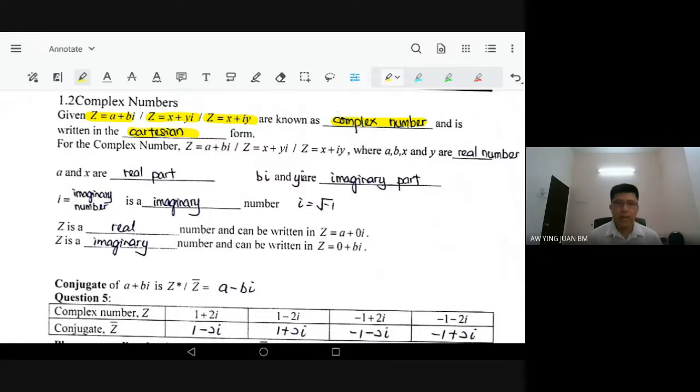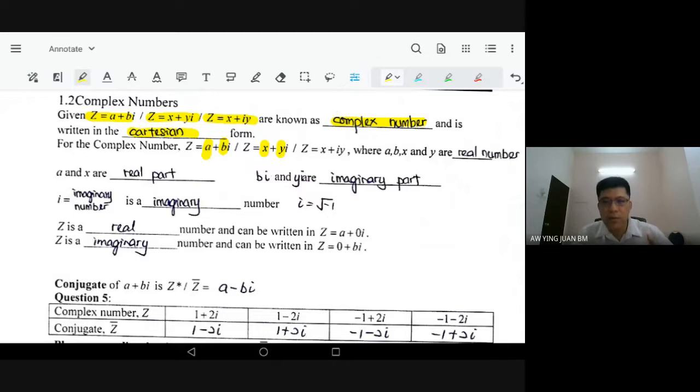So, for the complex number, A plus BI, kita panggil A plus BI lah. Okay, complex number. So, where A, B, X, Y, semua ini mesti real number. Okay, syarat dia mesti real number.